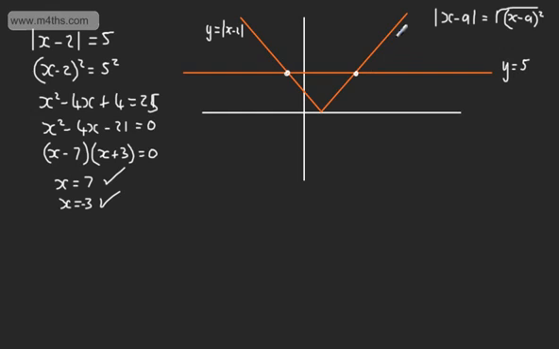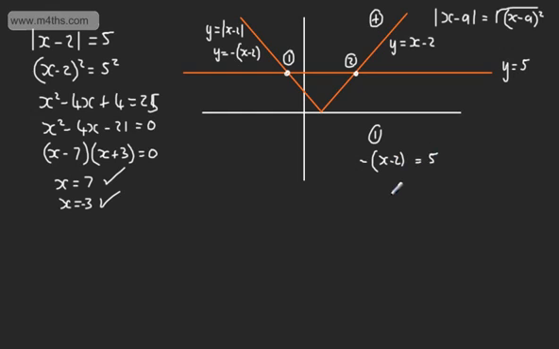This is the positive branch, and this right here can be given as y is equal to the positive x minus 2. So we get x minus 2, and this one here is going to be the negative of x minus 2. Let's call this solution number 1, and this solution number 2. For solution number 1, we've got minus the quantity x minus 2 will be equal to 5.